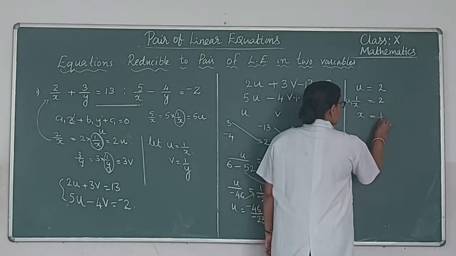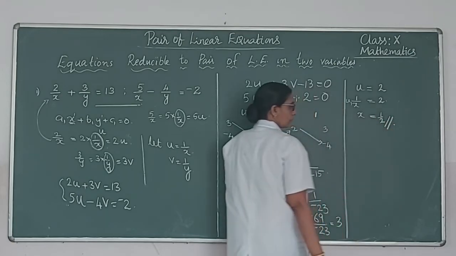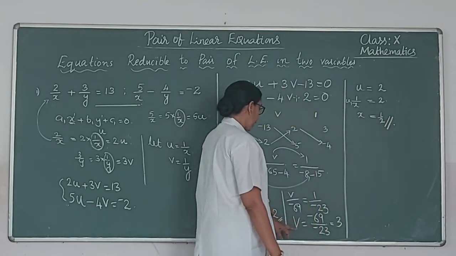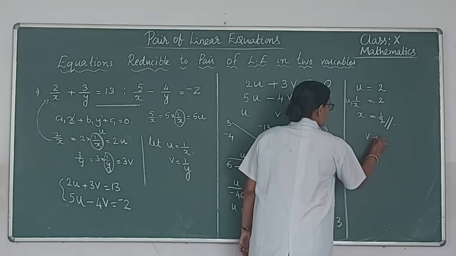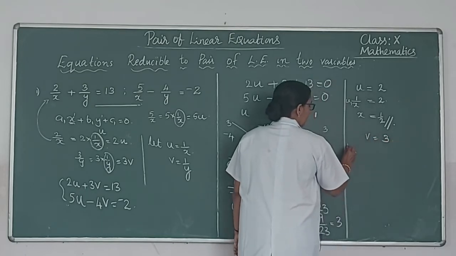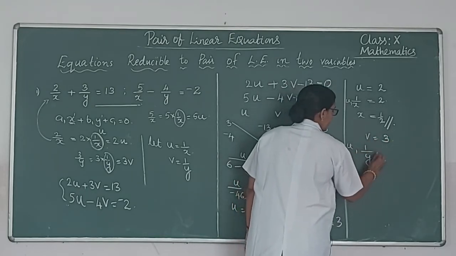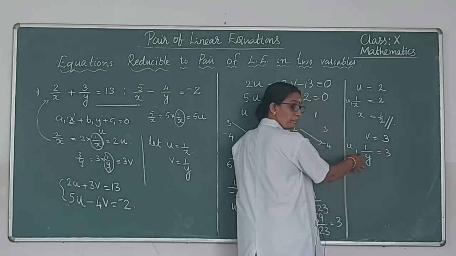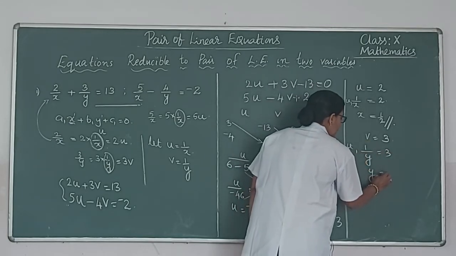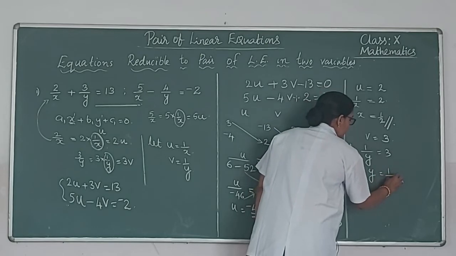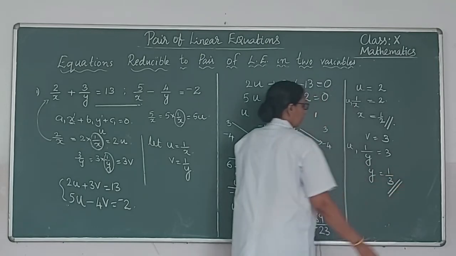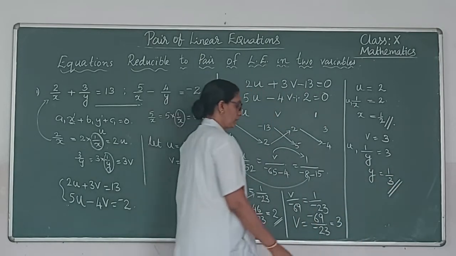So here also we can take the reciprocal. So x is equal to 1 by 2. Then for getting y, we have v equal to 3. That is, 1 by y is equal to 3, since v is 1 by y. So y is equal to its reciprocal, 1 by 3. So what is the solution?